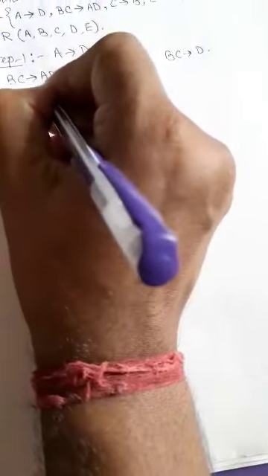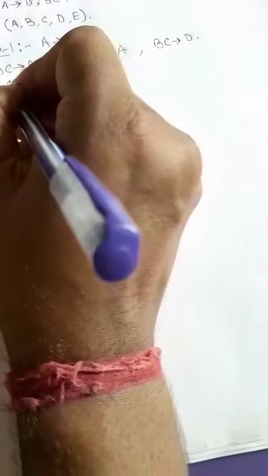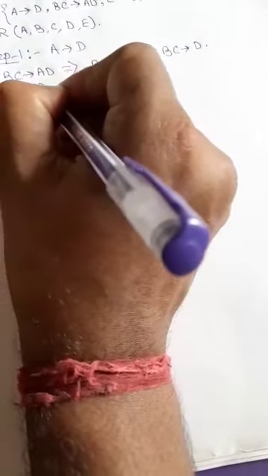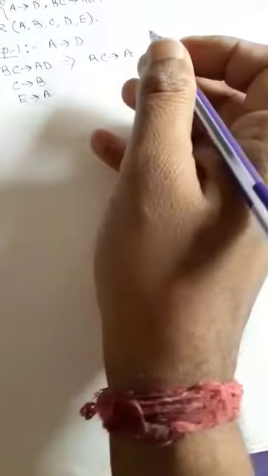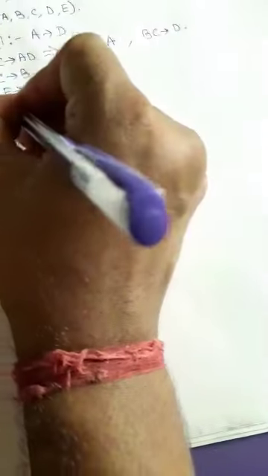Now for the remaining functional dependencies, C → B, the right hand side is a single attribute, no problem. E → A is also a single attribute on the right hand side, no problem. And E → D is also a single attribute on the right hand side.